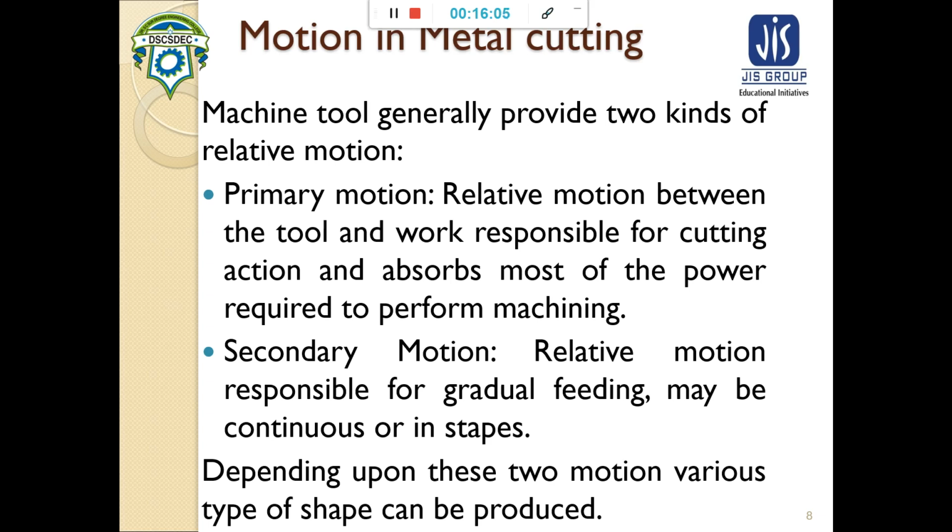Sorry, in case of milling machine, there is a rotating motion of the tool and there is reciprocating motion of the workpiece. So that rotational motion of the tool in case of milling machine is the primary motion, and that linear motion of the workpiece is the secondary motion in case of milling machine.